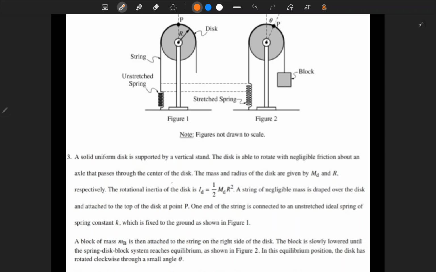The rotational inertia of the disk is I_D equal to 1/2 m_D r squared. A string of negligible mass is draped over the disk and attached to the top of the disk at point P. One end of the string is connected to an unstretched ideal spring of spring constant k, which is fixed to the ground as shown in figure 1.